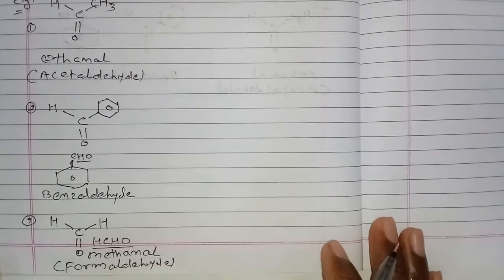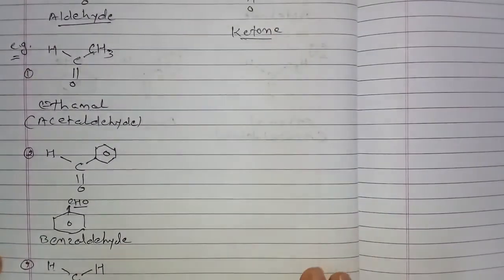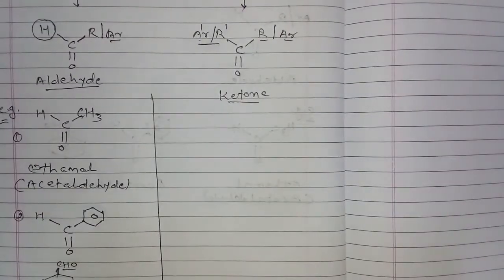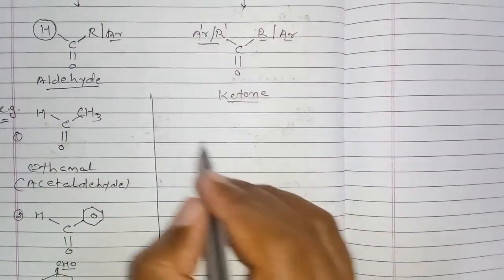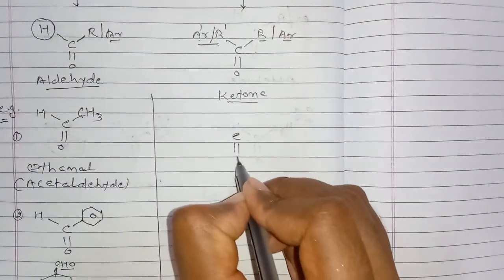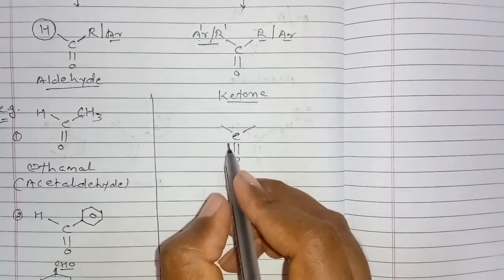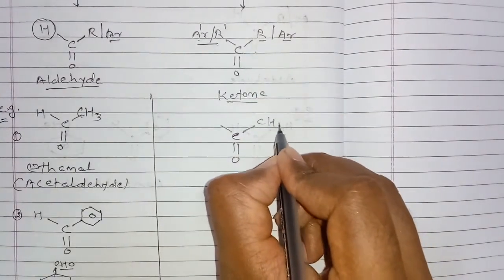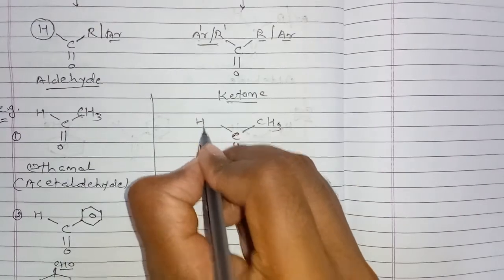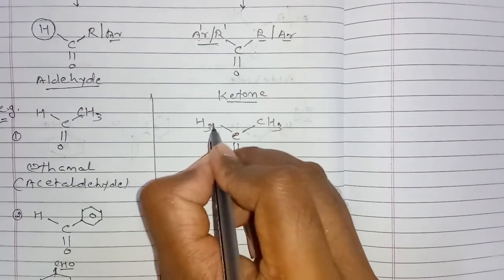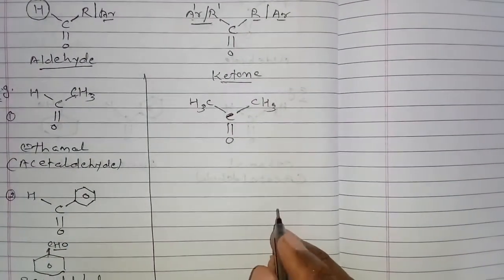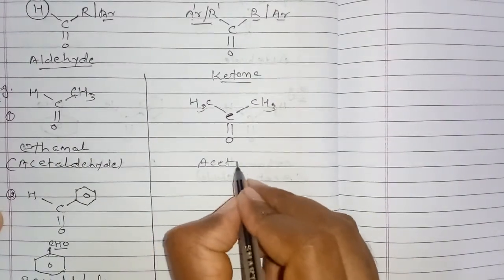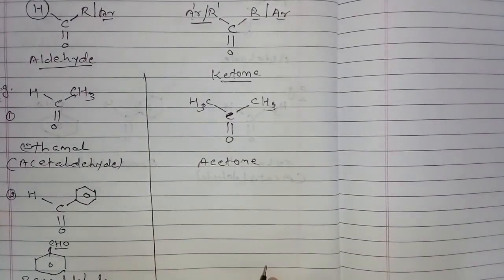Okay, now for ketones. The carbonyl group of the carbon is bonded with the same alkyl group, this is acetone.